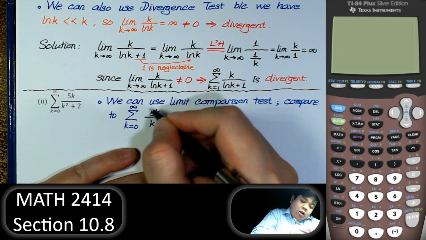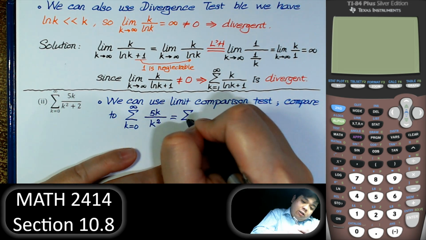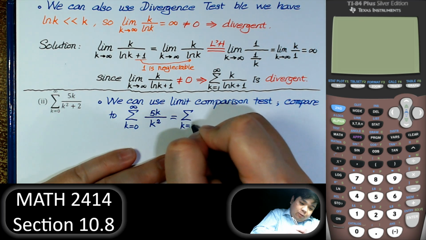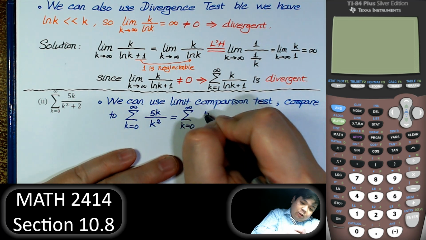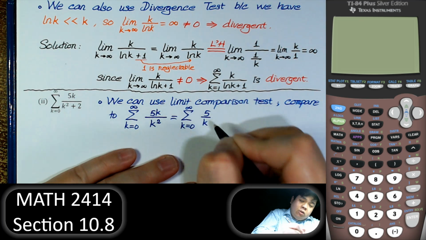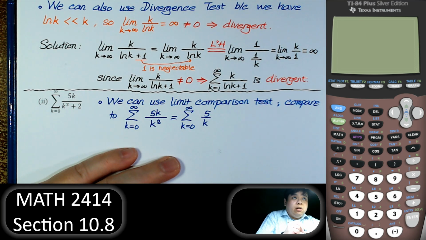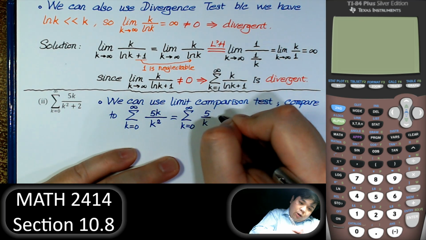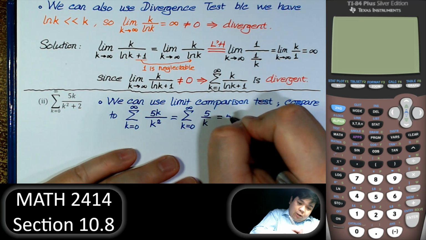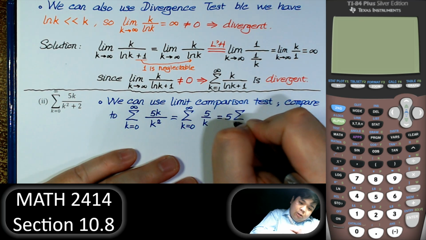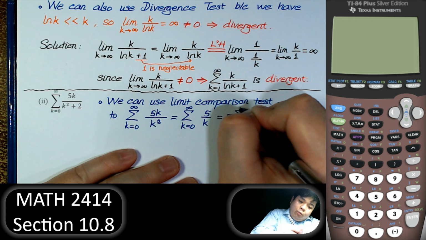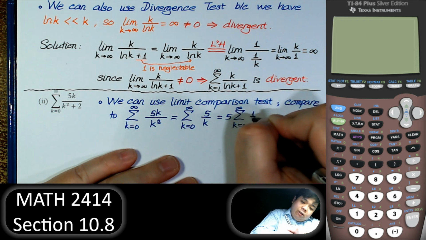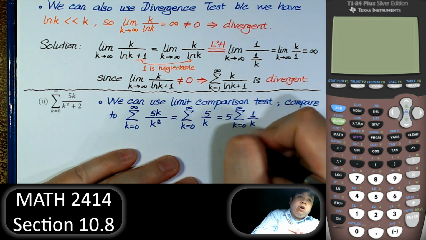Right. Simplify this. So we can compare to this. Or if we want to, we bring out the 5 and we only compare to 1 over k.